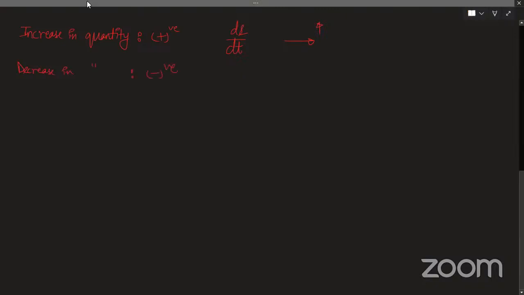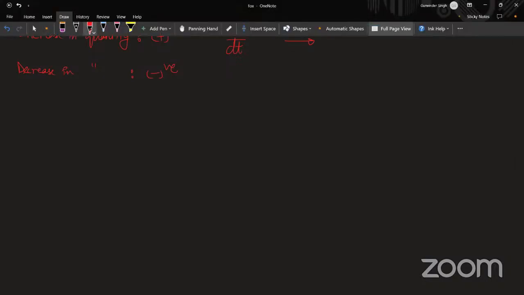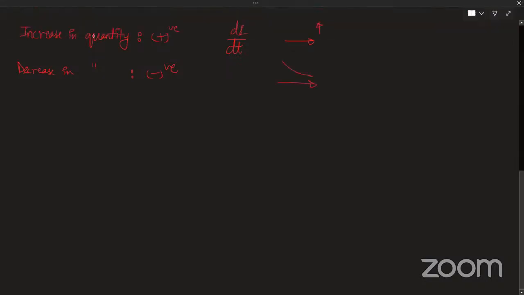For example, dr by dt: if time is moving ahead and my radius is increasing, the increase is represented as positive. In the same way, a decrease in quantity with respect to time is treated as a negative value, because if time is moving ahead and my radius is going below, dr by dt or anything decreasing will be negative.